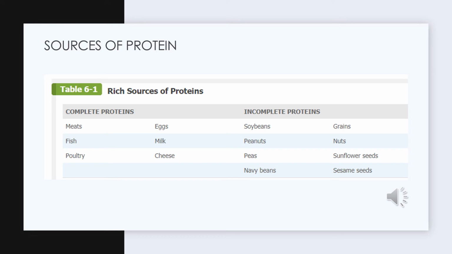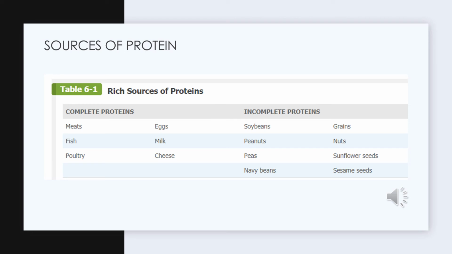Okay, so some of our sources of protein. These are broken down into complete and incomplete proteins. The reason being is those complete proteins are made from animals. So meat, fish, poultry, eggs, milk, and cheese, all of that comes from an animal.